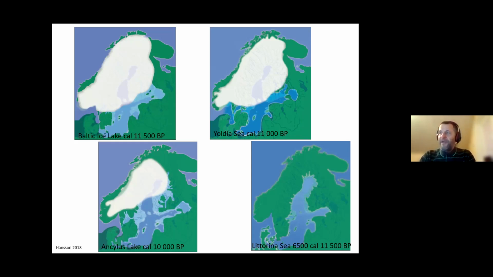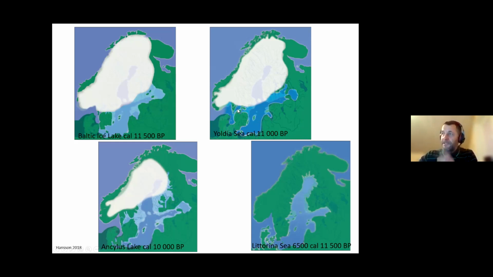Then the second major phase of the historical development of the Baltic Sea is the so-called Yoldia Sea, around 11,000 years before Christ. As you can see, beneath the ice cap there is a direct connection to the sea.